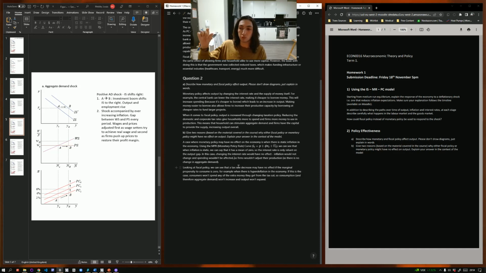So decreasing my tax rate is not going to have any effect, because if I have that extra money, I'm going to keep it for myself, because my marginal propensity to consume is absolutely zero. So that's not going to increase output. That's essentially the deal.